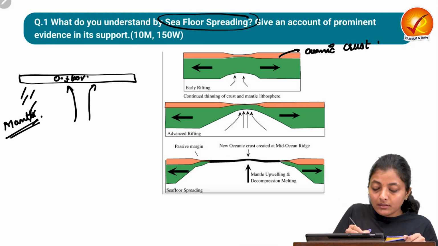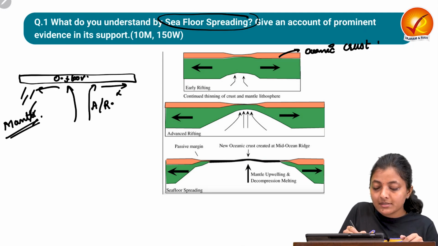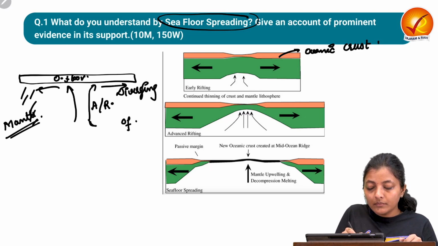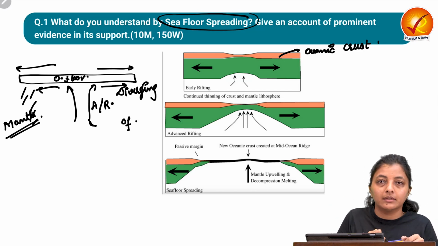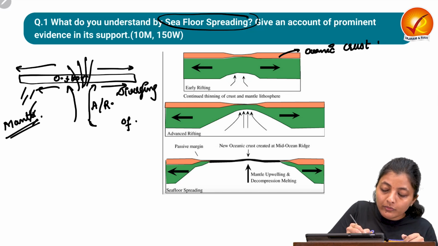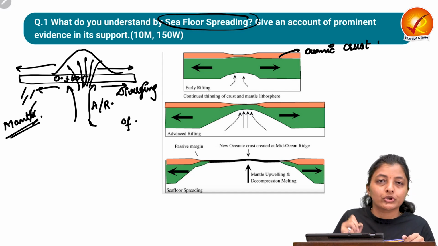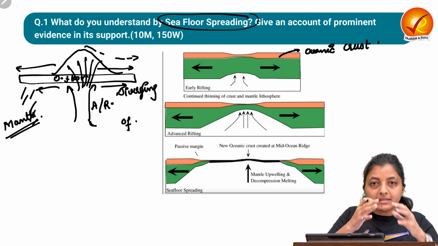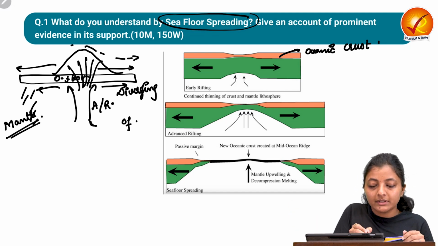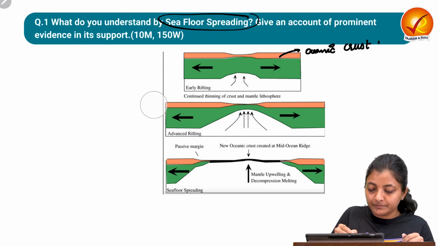When the ascending, rising or diverging limbs of the convection current pull the ocean floor apart, it leads to new volcanic eruptions from the mantle, thus creating the mid-oceanic ridges. And thus the seafloor spreads in the outward direction, in both directions, this way.